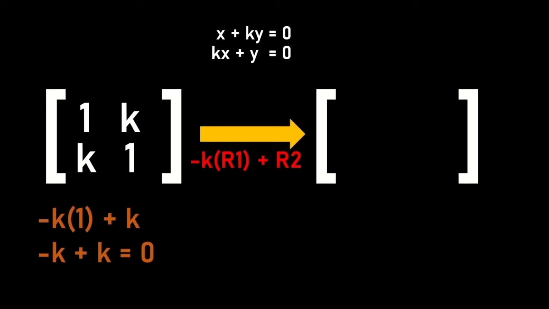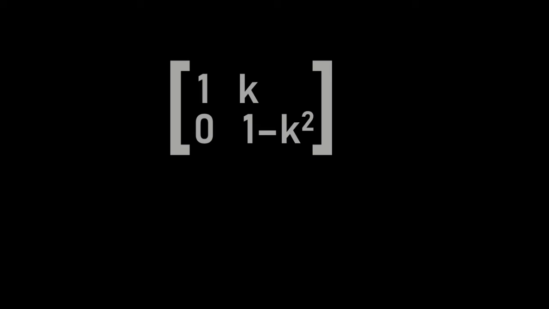Of course, we need to apply that in all of the columns, so negative k times k plus 1 is equal to 1 minus k squared. Now we need to put it back into equations. Again, this column is for x and this column is for y, and the first row is the first equation and the second row is the second equation.